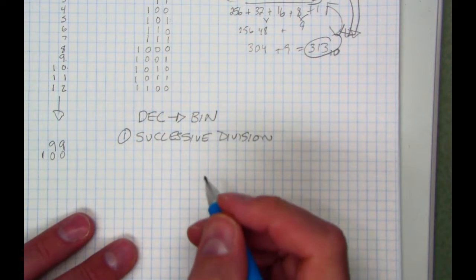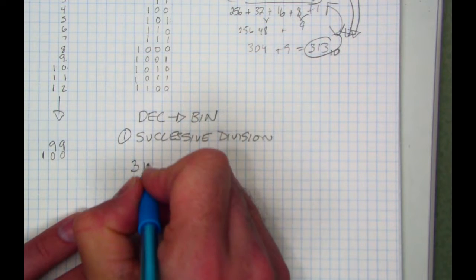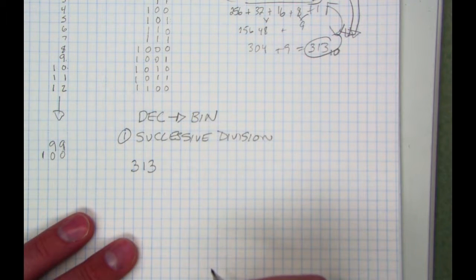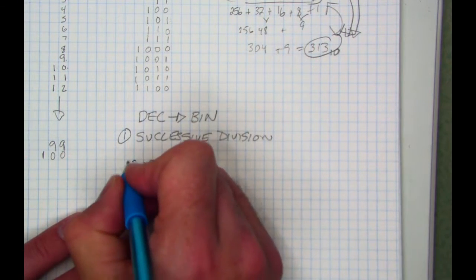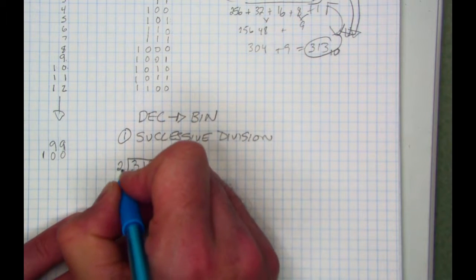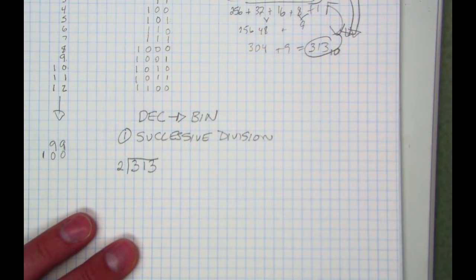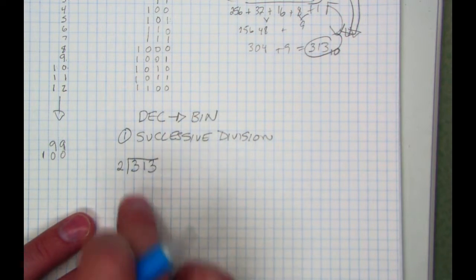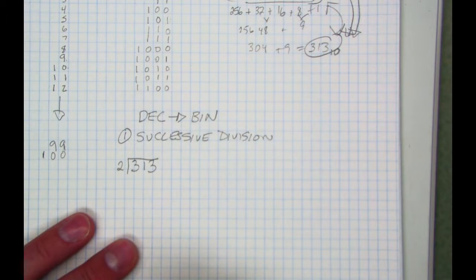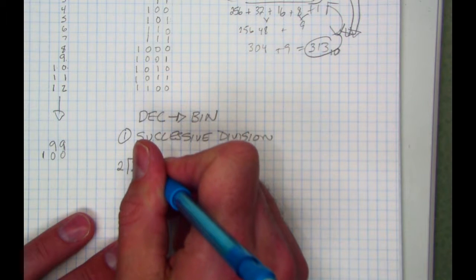In successive division, we take our number, 313, that we want to convert to binary, and we divide that number by our base, which in this case is 2. This works for any numbering system. If I want to go from decimal to something else, I take my number divided by my base, and I get my result.